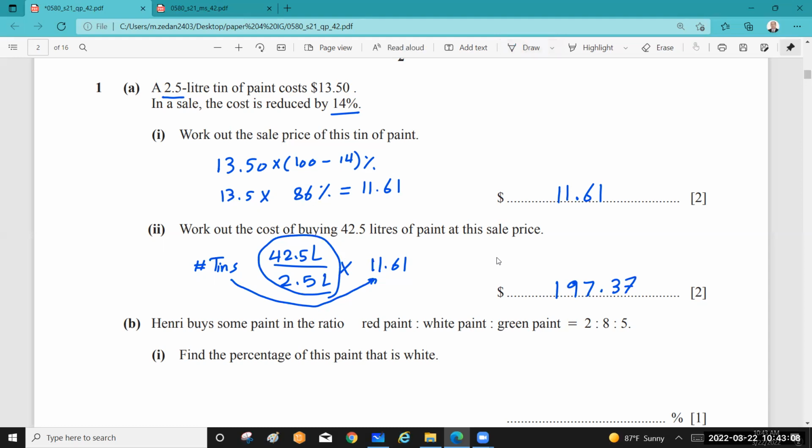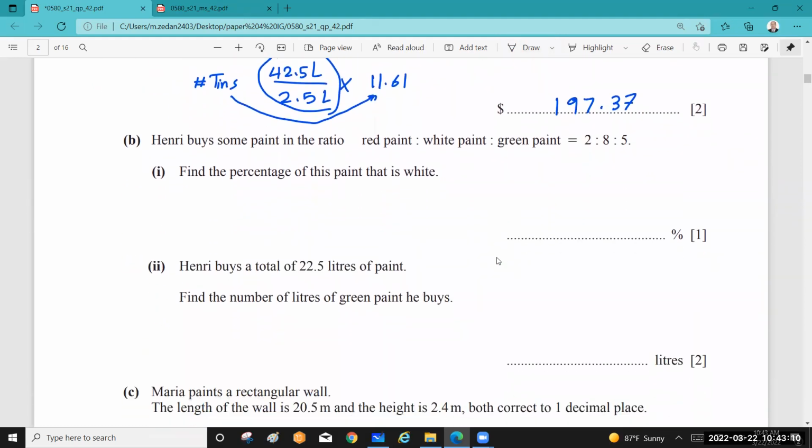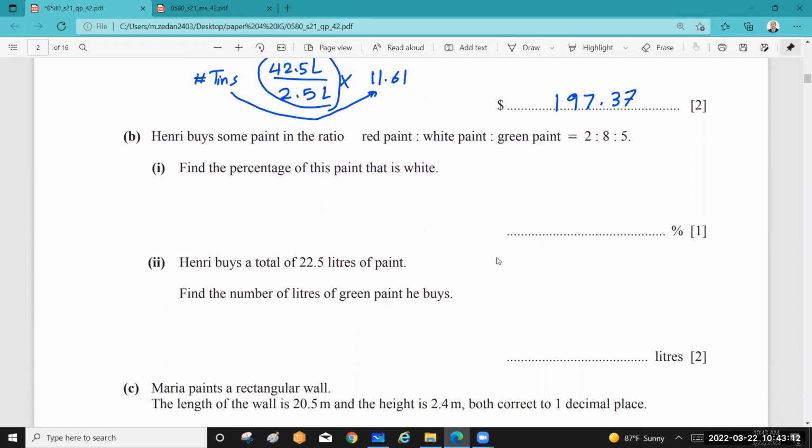Here, Henry buys some paint in a ratio of red paint to white to green of 8 to 5. Find the percentage of this paint that is white. So the white ratio now is 8, so it's 8 out of the total. This total is 15. 8 over 15 times 100% gives you 53.3 recurring percent.